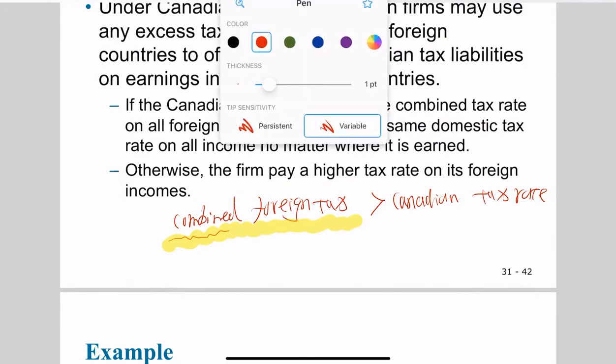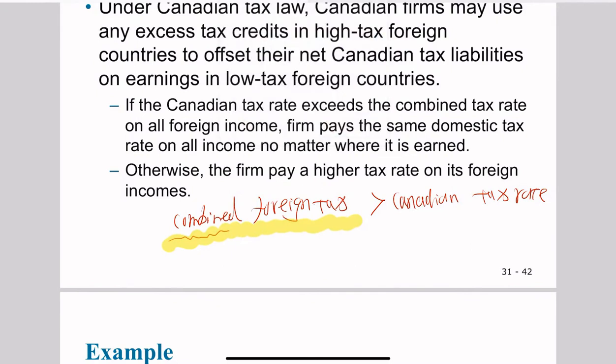And if the opposite happens, if the combined foreign tax rate is smaller than this domestic Canadian tax rate, then in this case, the firm will pay this Canadian tax rate. So basically, the firm will always pay the higher tax rate between the combined foreign tax rate and the domestic tax rate, right?